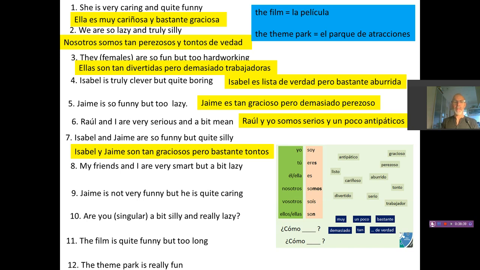What would we replace that with? Well, it's going to be they, isn't it? So they are so funny but quite silly. Which form of ser do you need? You need the ellos, ellas form. It's son for they are. Isabel y Jaime son tan graciosos pero bastante tontos.